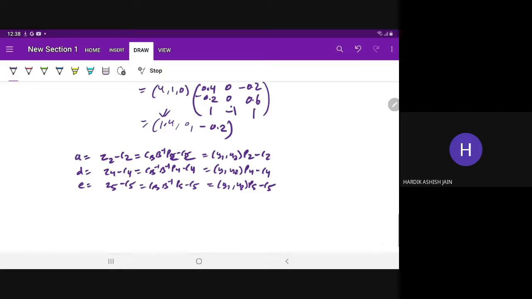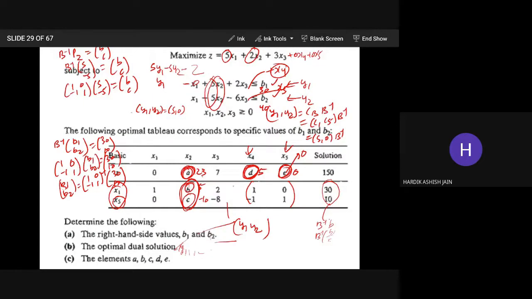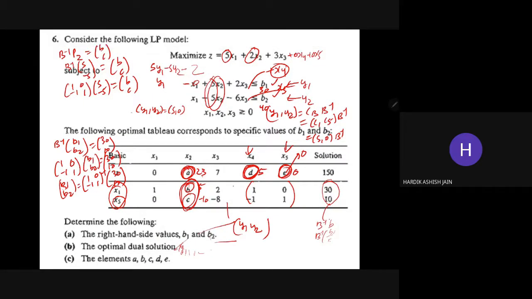Due to Y1 Y2, if you write the dual constraint of the problem, the dual constraint corresponding to X2 is 5 by 1 minus 5 by 2, and the right hand side is 2.